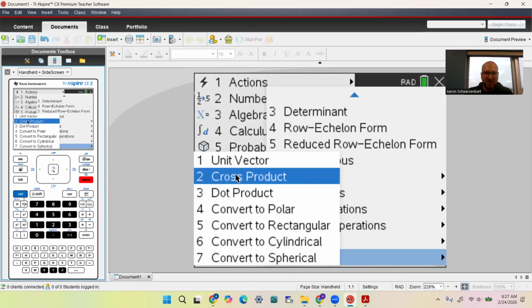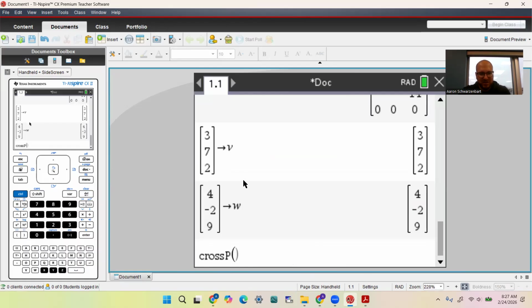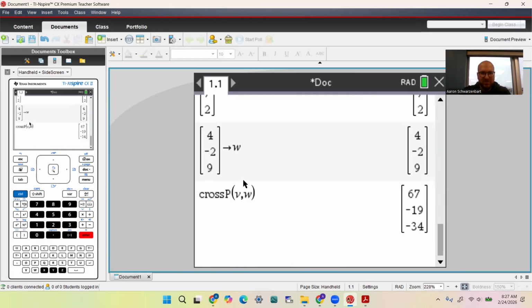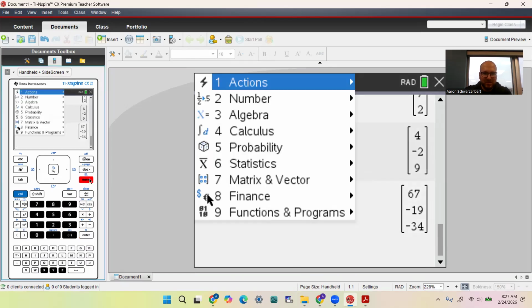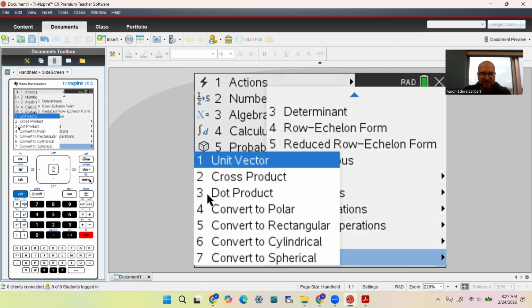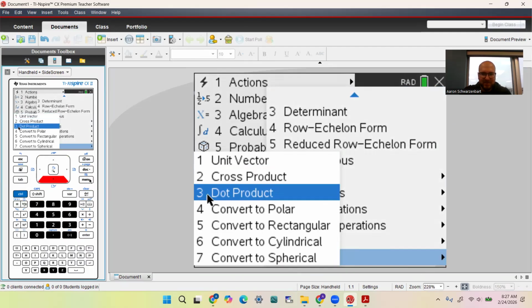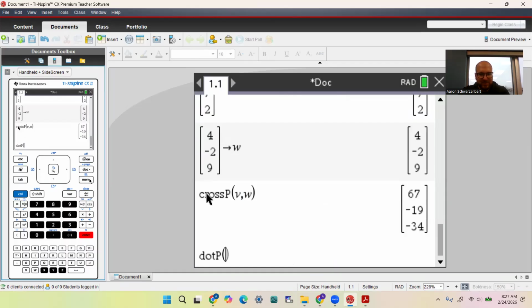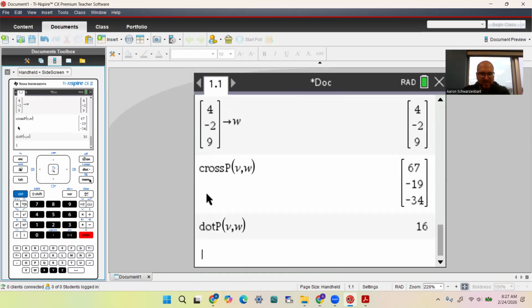You have cross product or dot product. Cross product, and I think to do cross product, you do VW. And notice that the cross product gives you a vector.